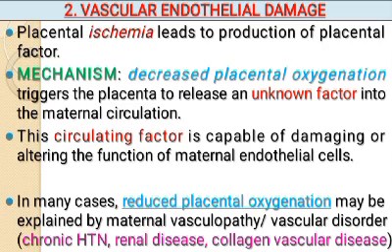In many cases, reduced placental oxygenation may be explained by maternal vasculopathy or vascular disorder such as chronic hypertension, renal disease, collagen vascular disease, and in others by abnormal placental mass. That means multiple pregnancy, diabetes, hydatidiform mole.